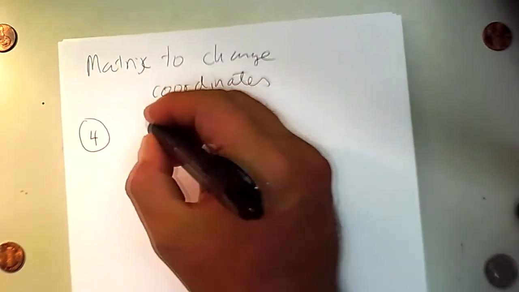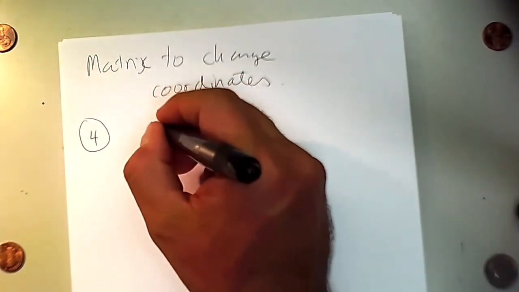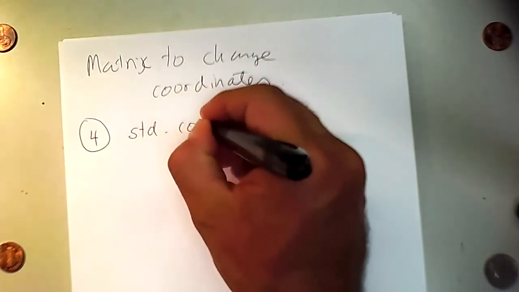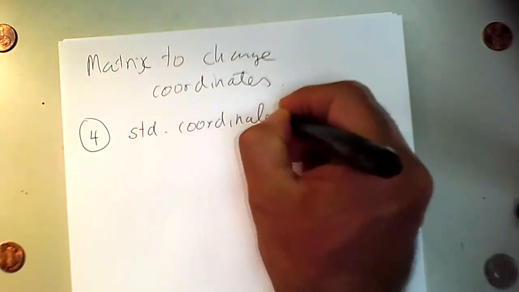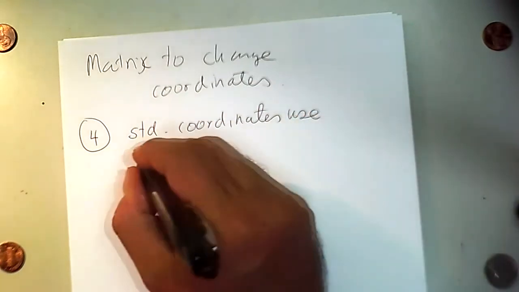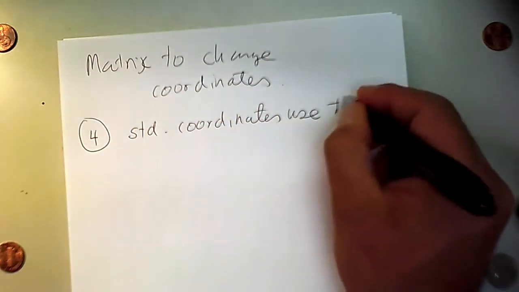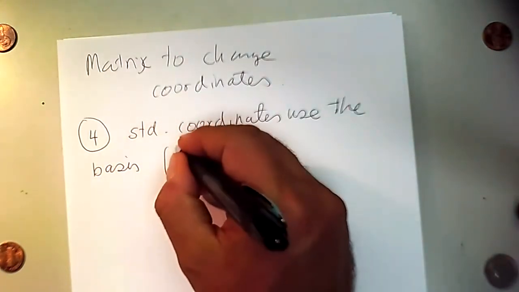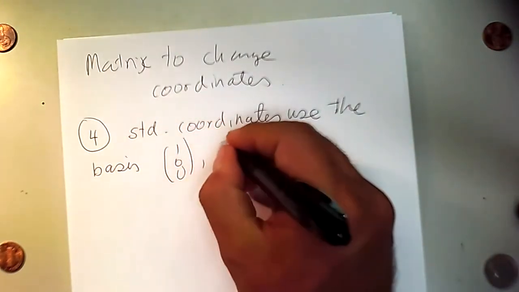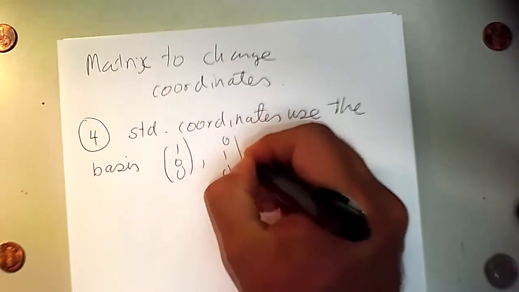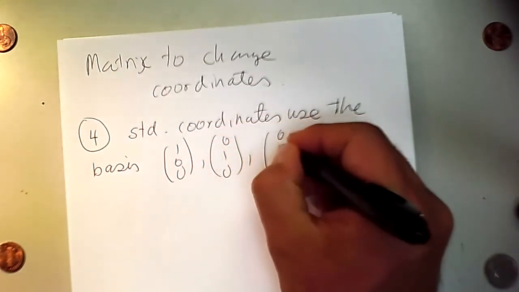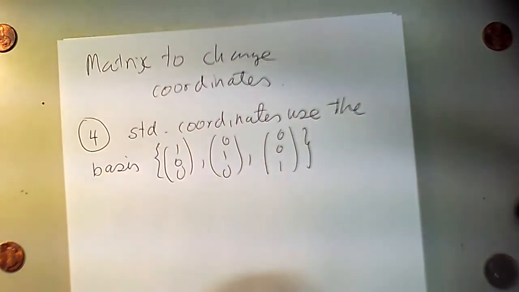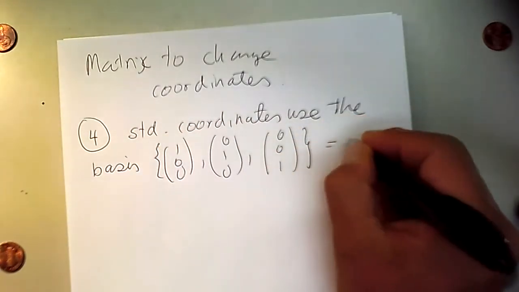Our standard coordinates use the basis 1, 0, 0, 0, 1, 0, 0, 0, 1 in that order. Let's call that I for now.